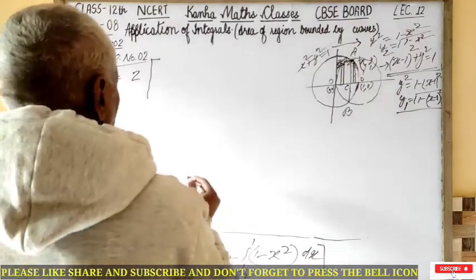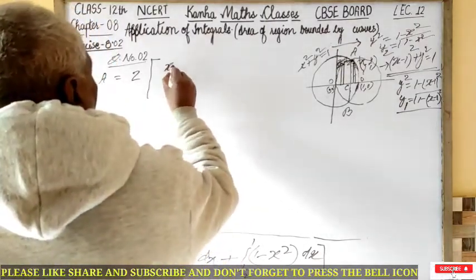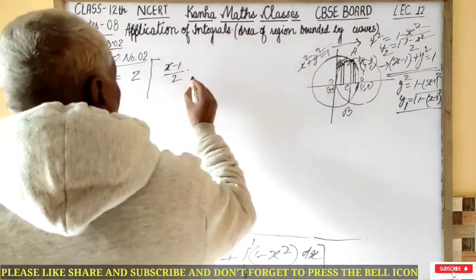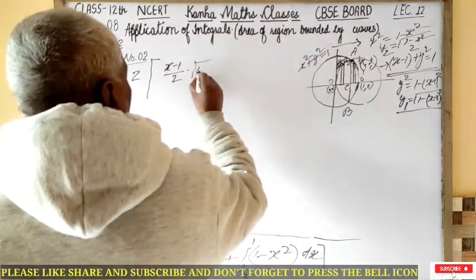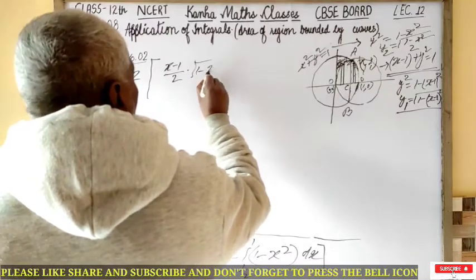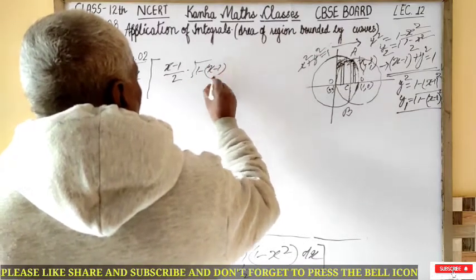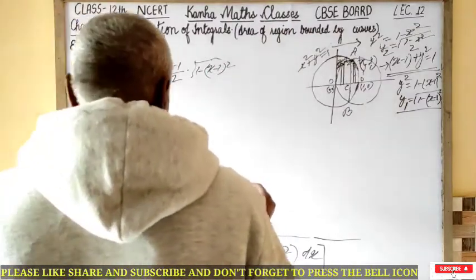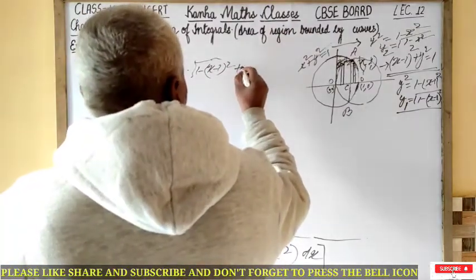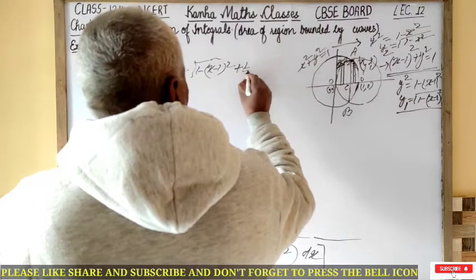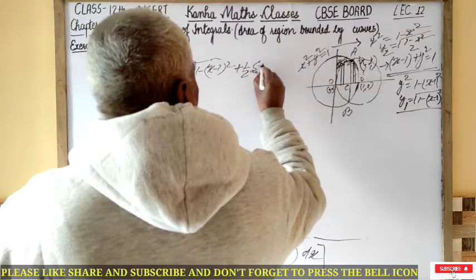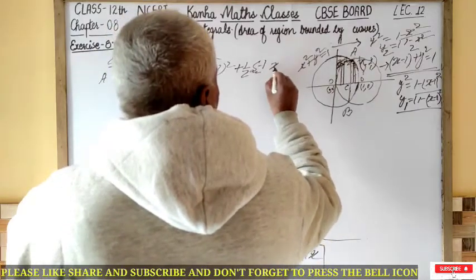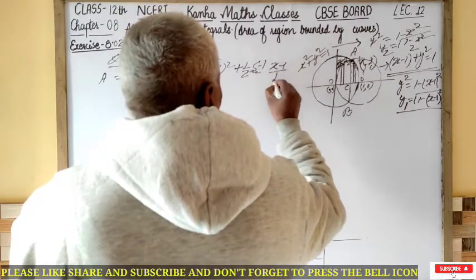This is (x minus 1)/2 into root of 1 minus (x minus 1) whole square plus a square by 2 sine inverse of (x minus 1)/a.